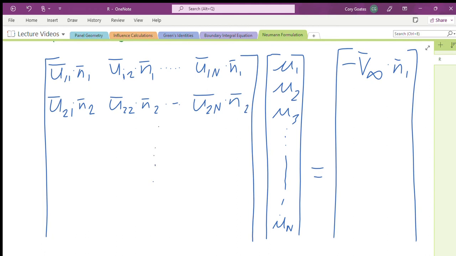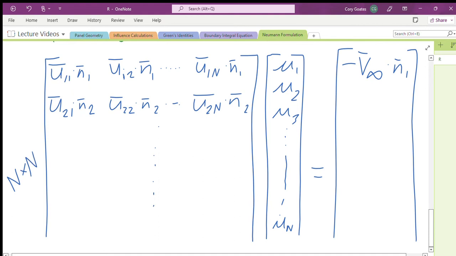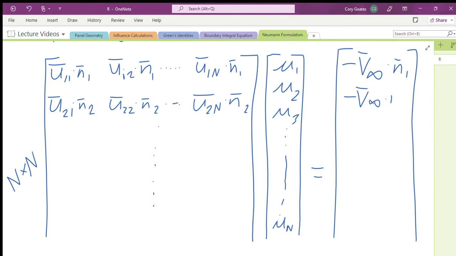This continues until we've filled out our matrix, and in the end this matrix is going to be N by N. And over here we're going to have negative V infinity dotted with n2. Okay? And that's all it is.